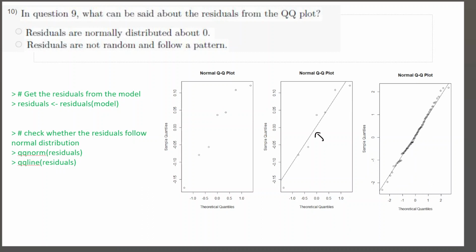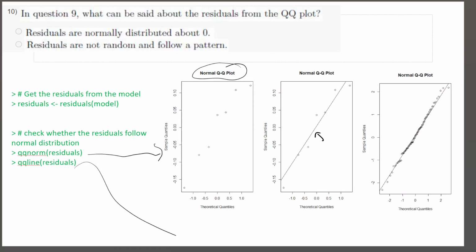In question 10, they are asking us to comment on the residuals from the QQ plot. So what we do is get the residuals value from the model and feed it to a variable called residuals itself. Now we are doing qqnorm of residuals. For that, we will get a scatter plot using qqnorm.